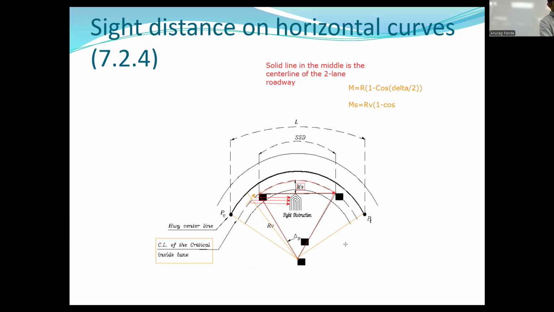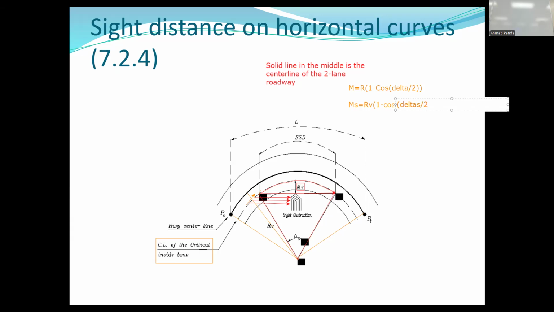But I'm not interested in that whole curve. I'm interested in that small portion of this curve. So that angle will be delta S over 2. That makes sense? 1 minus cosine delta S divided by 2.